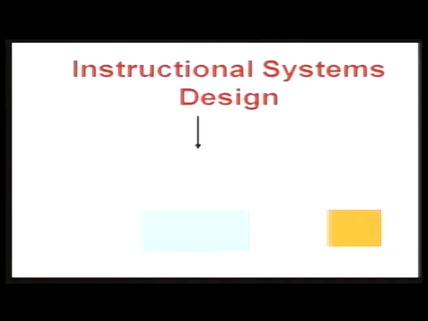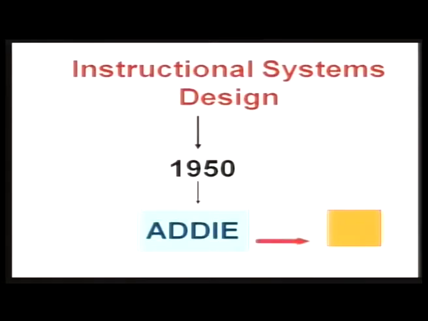Instructional system design came a long time back, in the 1950s. But the ADDIE model came into existence in 1975 when the US Army wanted to train their people for quality and efficiency.